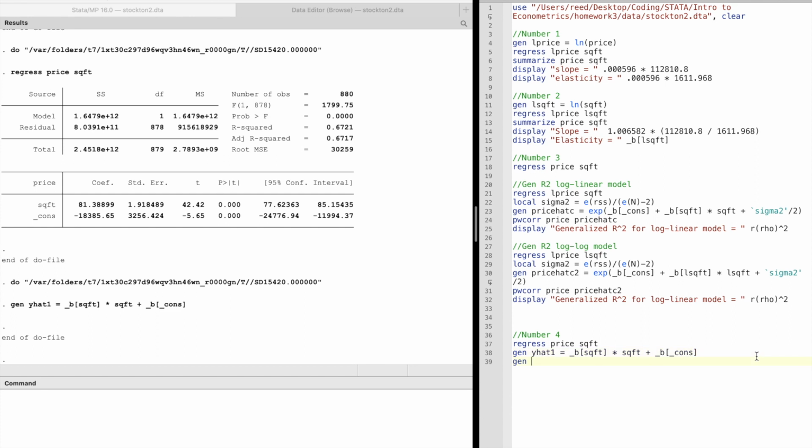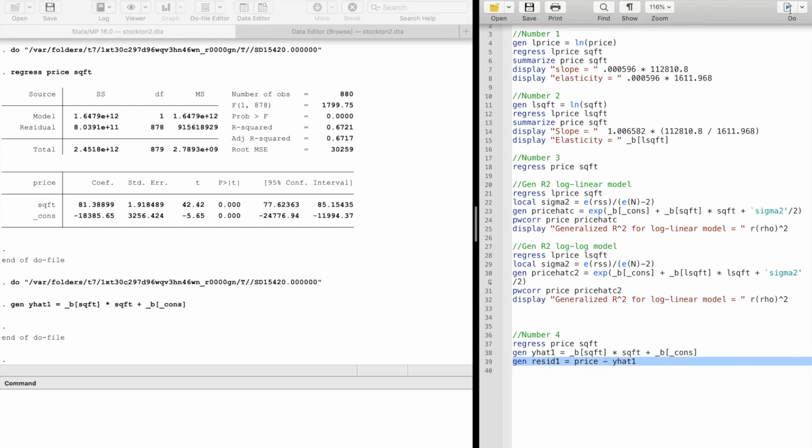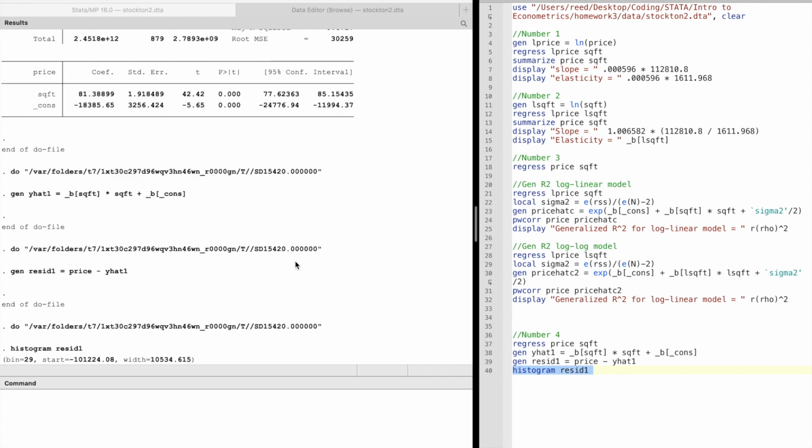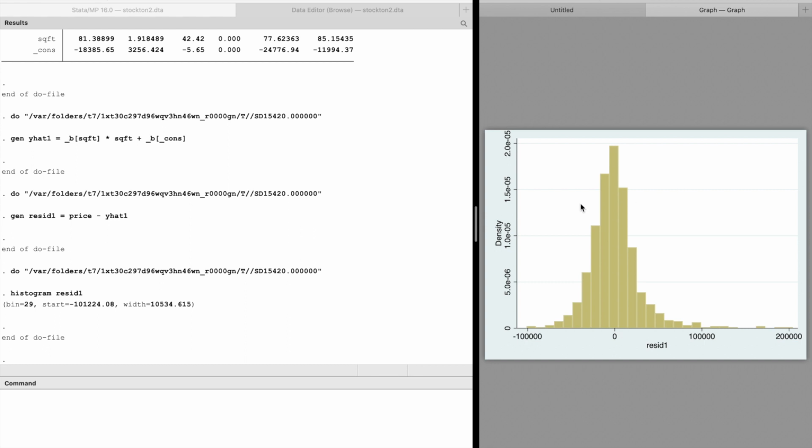And then from there we can find our residuals for our linear model, and that's going to be the observed price minus the y hat 1. And then once we have all those residuals, we can look at them by just saying histogram resid 1. So this will give us a histogram. Or we can just copy this and put that into our output.